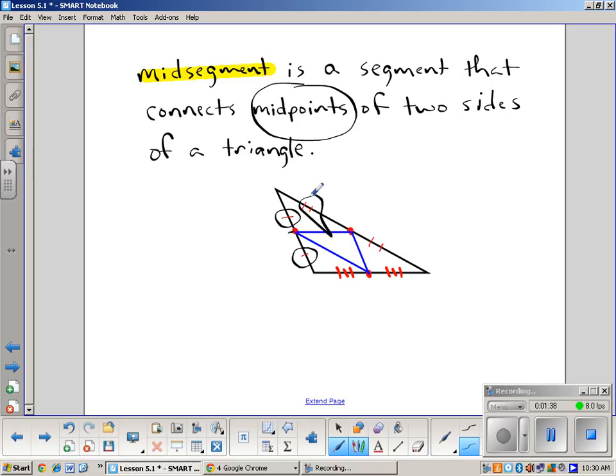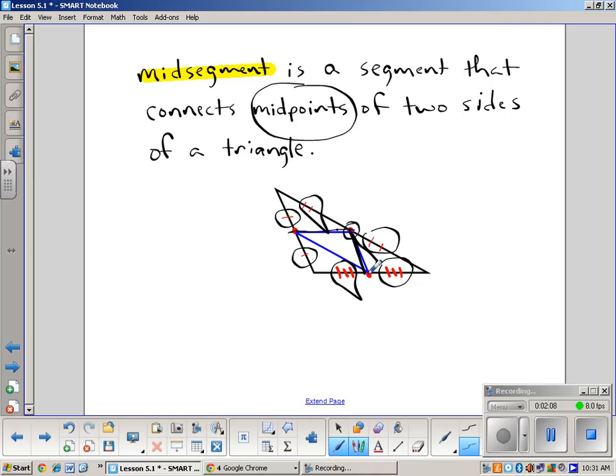These two segments are congruent with each other, but not congruent with the first two. That means this is a midpoint. Okay? So we can create a mid-segment from here to here. These two segments are congruent, so then we can create a mid-segment this way. Okay?